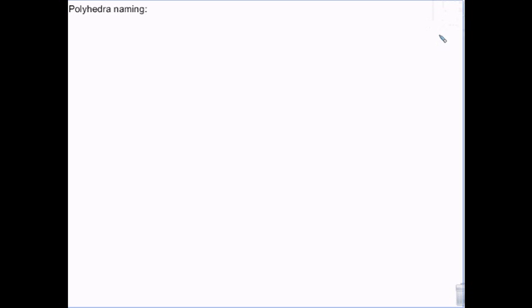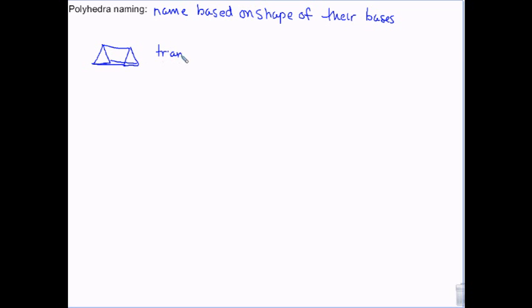All right, to name polyhedra, you name them based on the shape of their bases. So for example, if I had a polyhedron with two triangles like this and then connected, this would be a triangular prism.